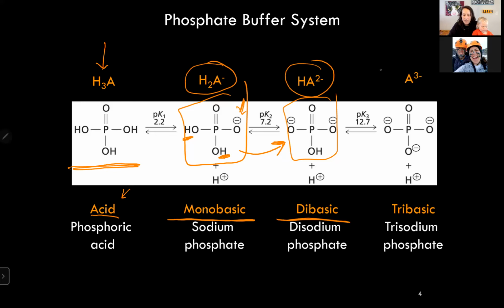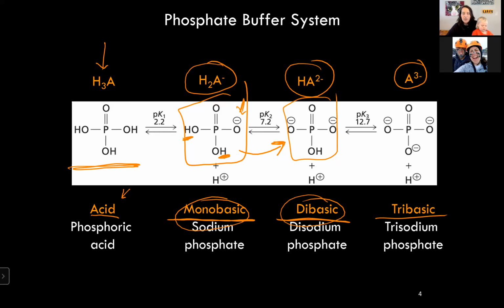And lastly, you remove that very last proton and you have the A3 minus, and that would be called the tribasic form. So again, inside your cells, from the hydrolysis of ATP, you have both the monobasic and the dibasic forms present, and that's what's buffering all the intracellular reactions to remain at around a 7.6 pH.